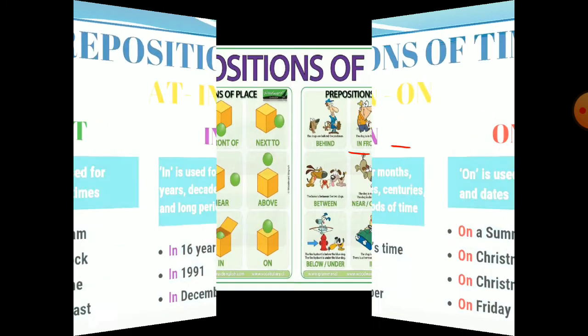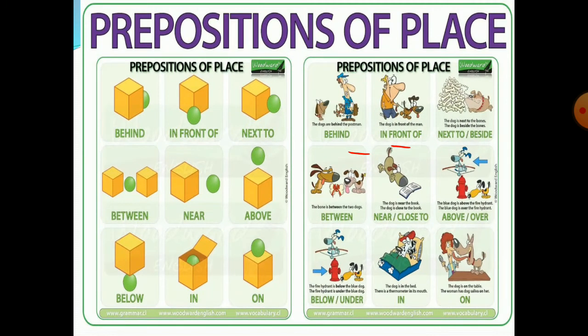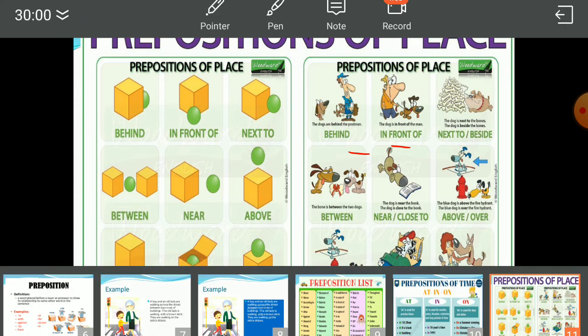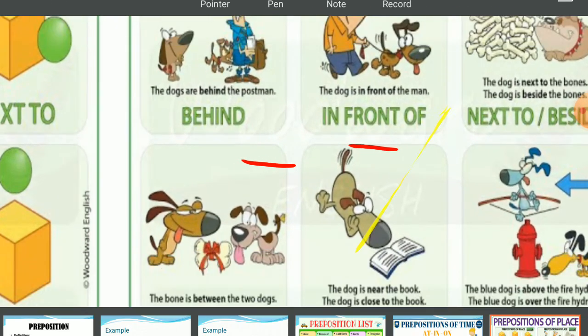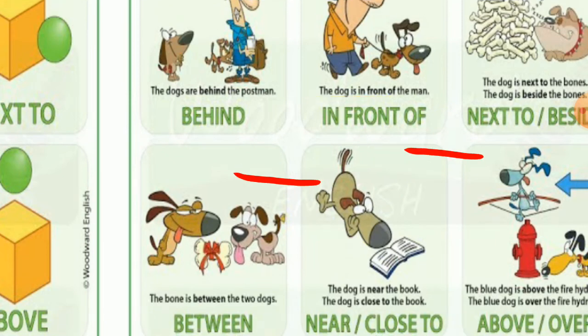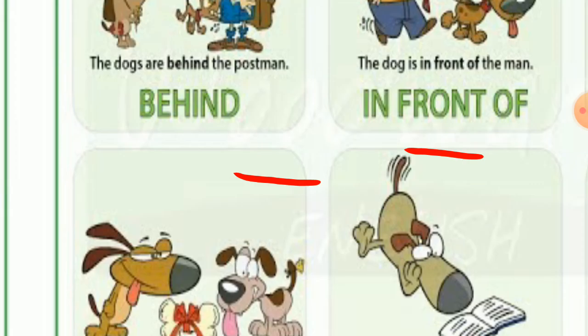The next is prepositions of place. The prepositions on, from, for, upon, in, at, above, under, near, below, behind. These are the few examples that establish the relation of place or position. As you can see in the picture, the dog is behind the postman.